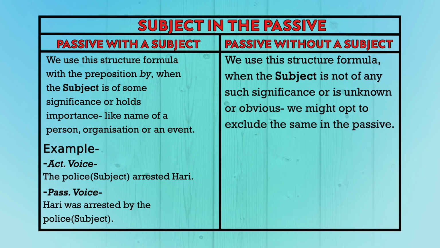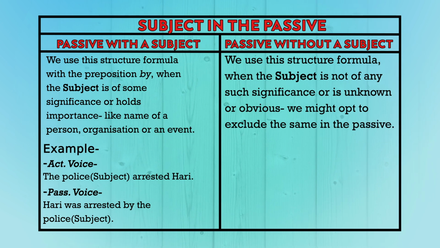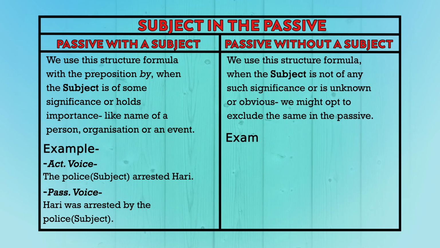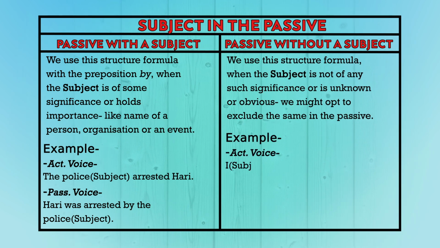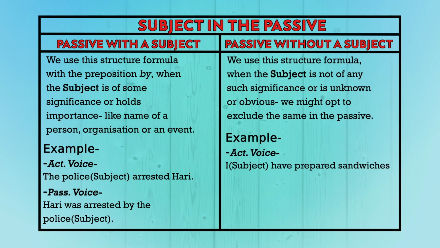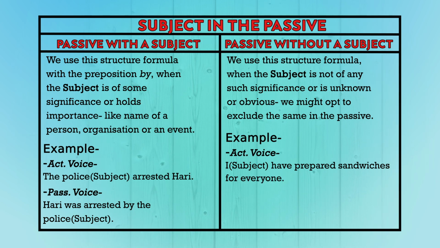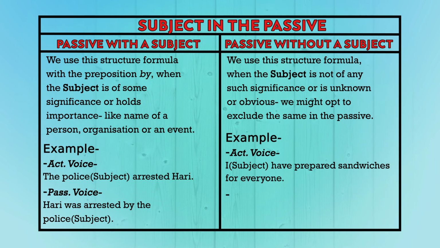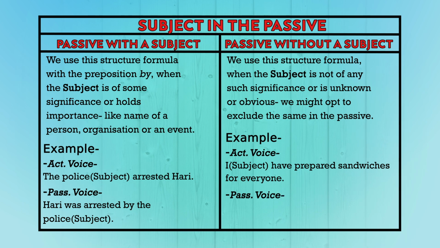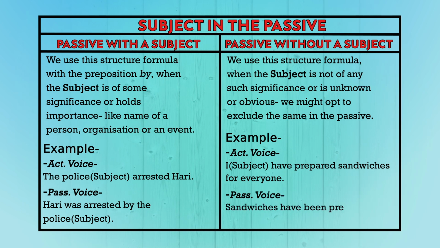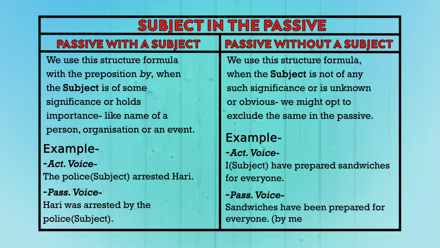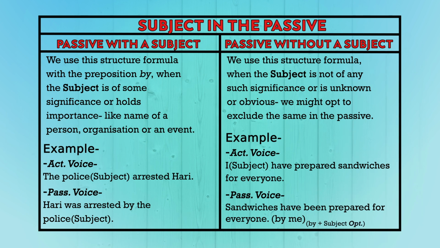That is, we do not use the subject in the passive. For example, I have prepared sandwiches for everyone. When I use it in the passive voice, I write, sandwiches have been prepared for everyone, and "by me" is understood.